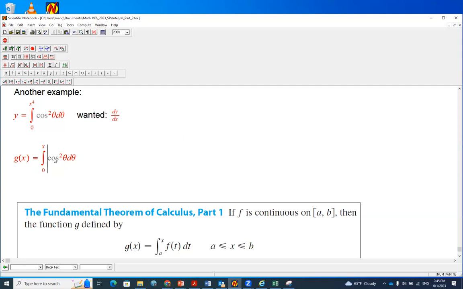My bad. And f of theta is equal to cosine square theta.